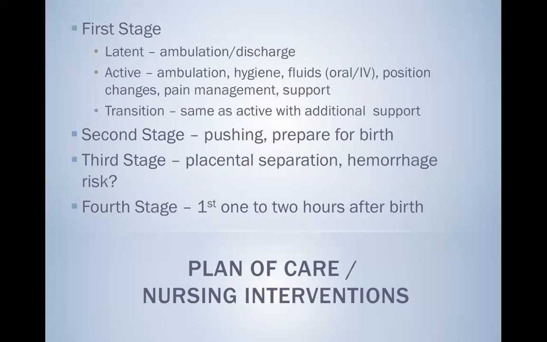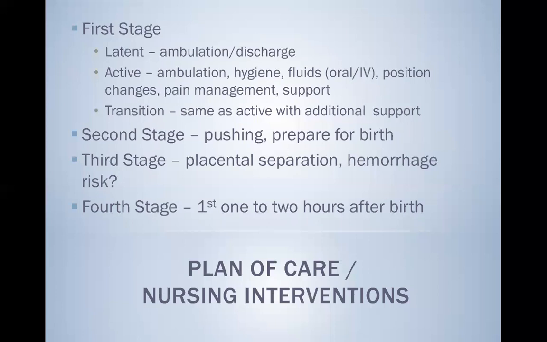The active stage of labor, some of the things we're going to do for our moms is have them walk if they don't have an epidural. We want to make sure that they are maintaining adequate hygiene. So we're going to provide them with peri pads, and we're going to want to be changing their peri pads and keeping them dry.